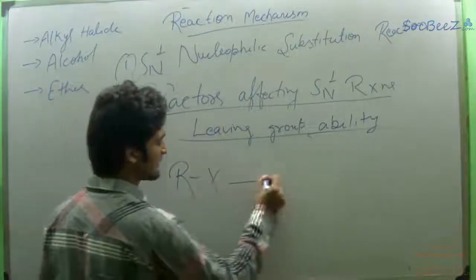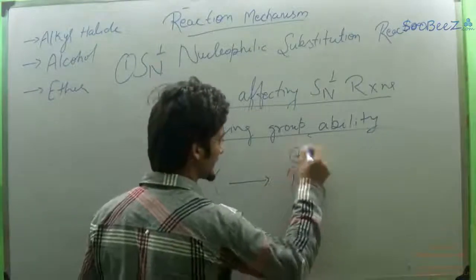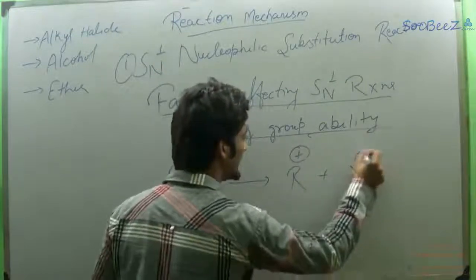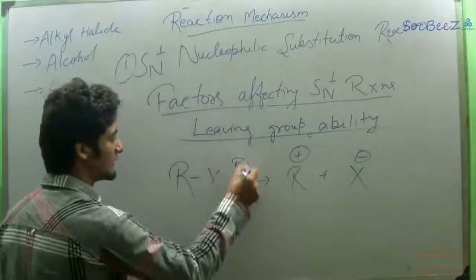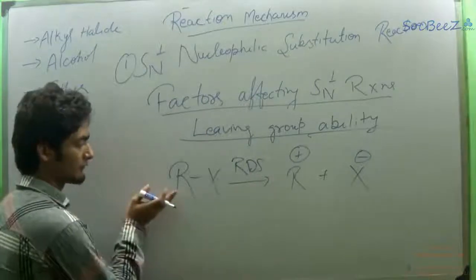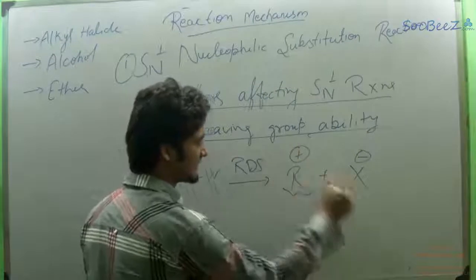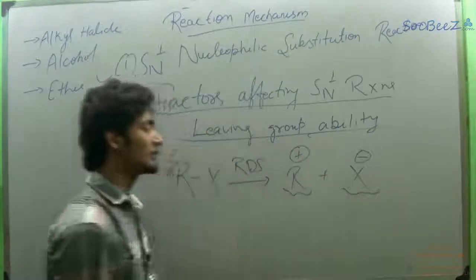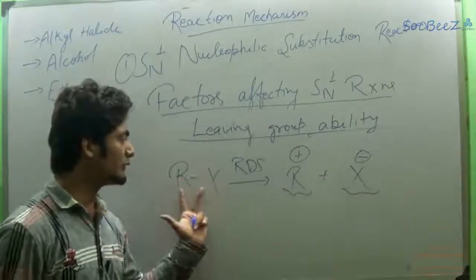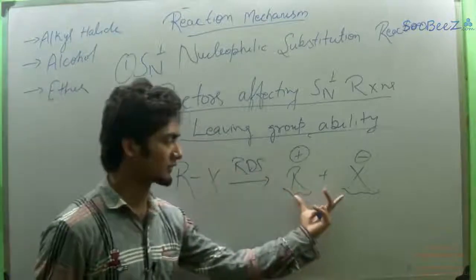We remember that the first step is the formation of a carbocation and a negatively charged halide. This is the RDS, rate-determining step of our SN1 reaction. So we have this R plus carbocation species and this X minus species. The easier this bond breaks, the easier these products are formed.